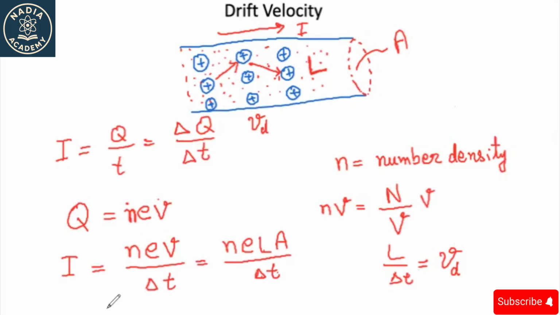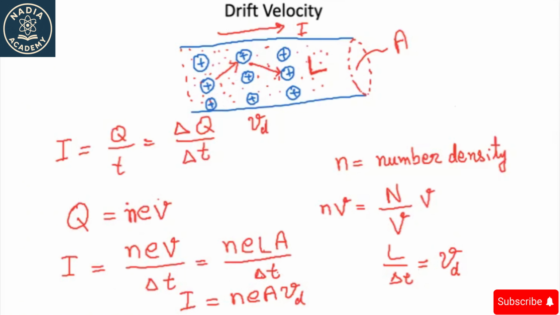So now we found our final formula: I is equal to the charge density n, then the value of the charge, the cross-sectional area of the conductor, and the drift velocity.